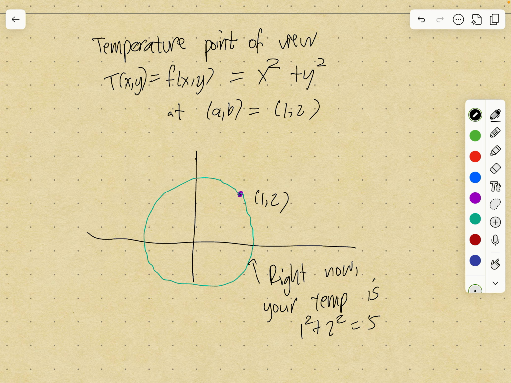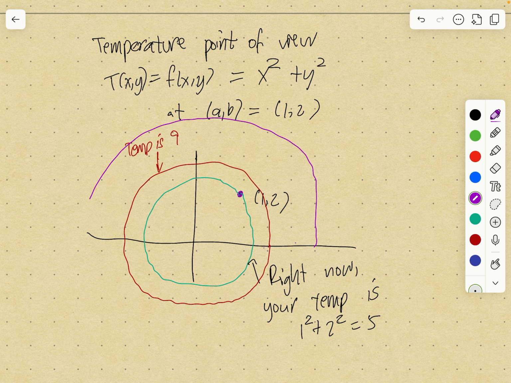And the various level curves of this function are circles. Maybe this is where the temperature is 9, and maybe this circle is where the temperature is 10 or something, and then at the origin, the temperature is 0.